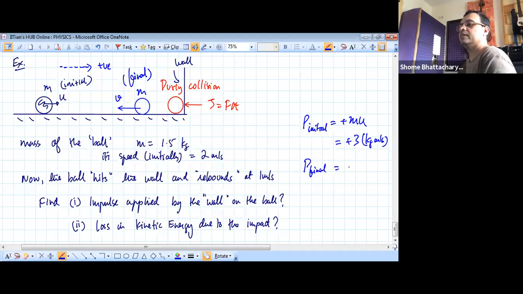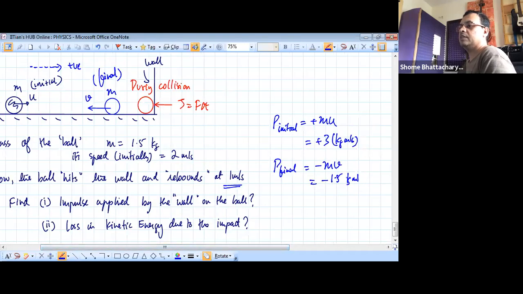Remember, momentum is a vector quantity, it has direction. So if it's in the opposite direction, we have to give it an algebraic sign. Minus mv. So it is minus of 1.5 multiplied by 1 meter per second. It rebounds at 1 meter per second. So minus of 1.5 kg meter per second.